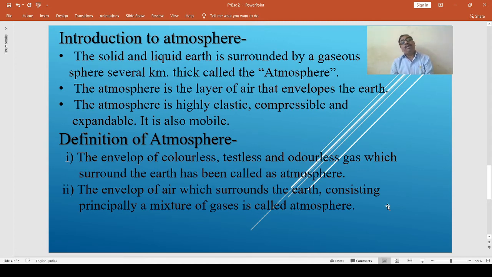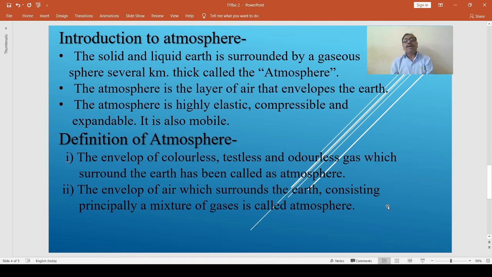It means that these are the composition of atmosphere. This envelope is held to the earth by the force of gravity. The atmosphere is highly elastic, compressible, and expandable. The atmosphere is also mobile.